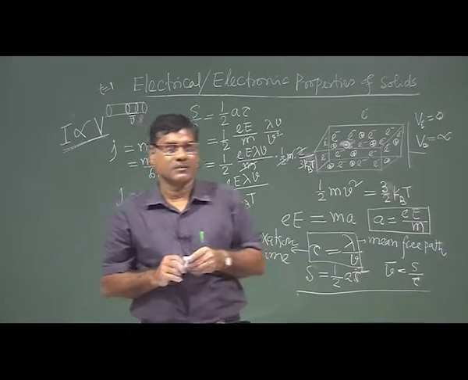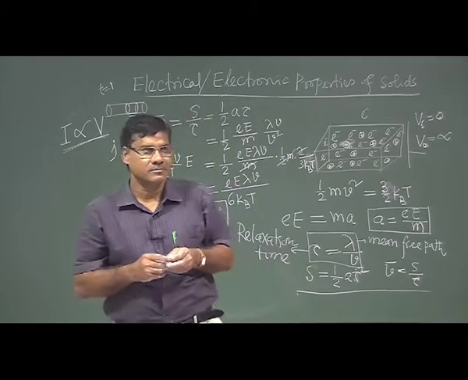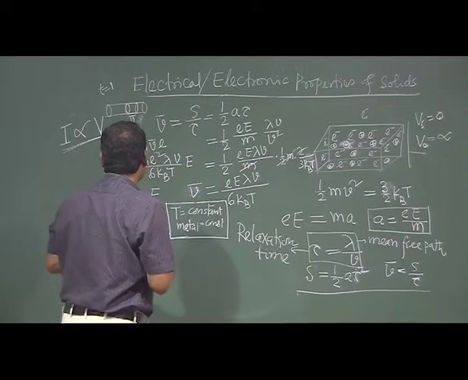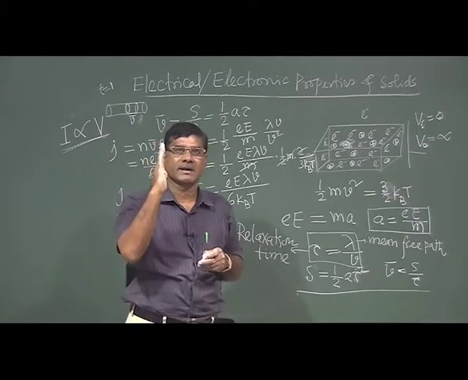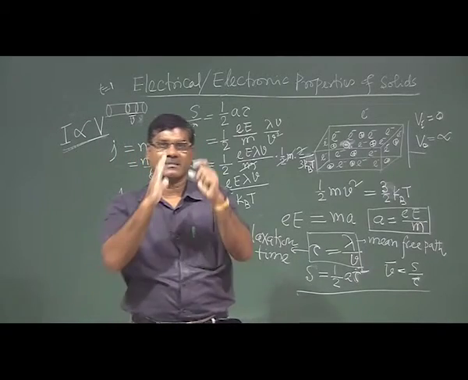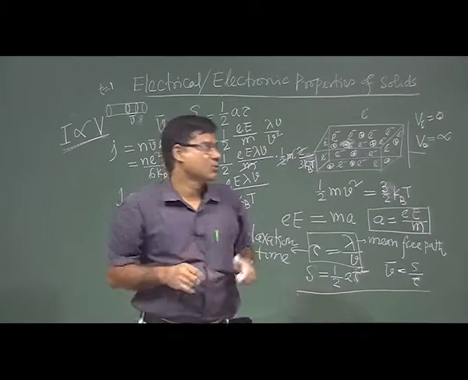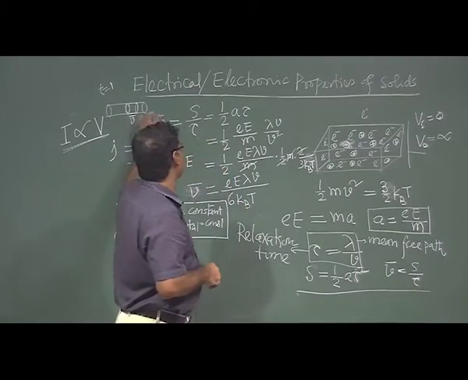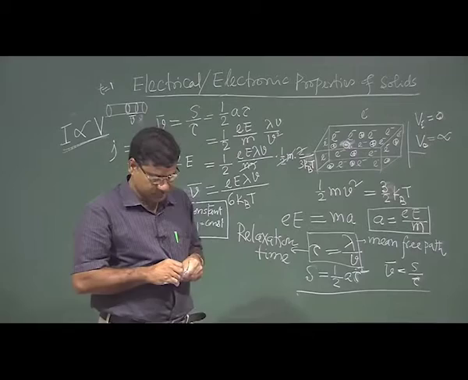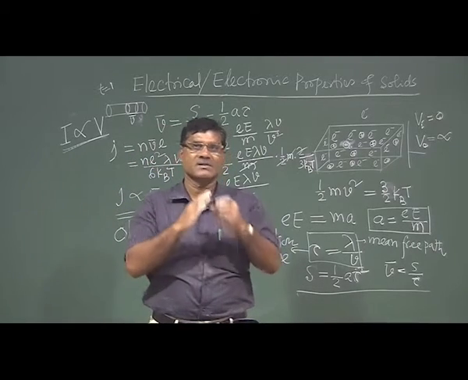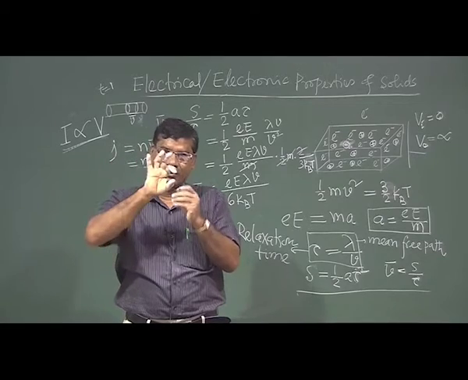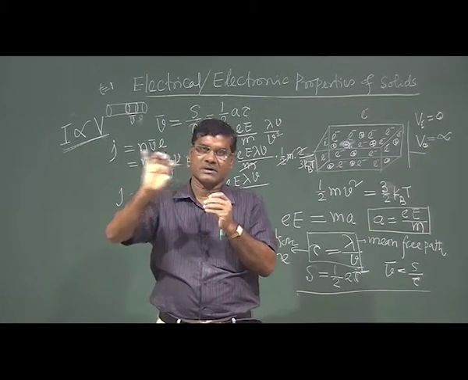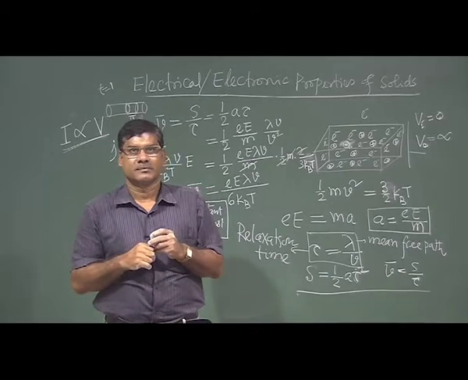To get current from current density, one has to multiply with the cross sectional area. Current is through a rod, through a metal. The charge passes through that rod, through the whole cross section, per unit time.